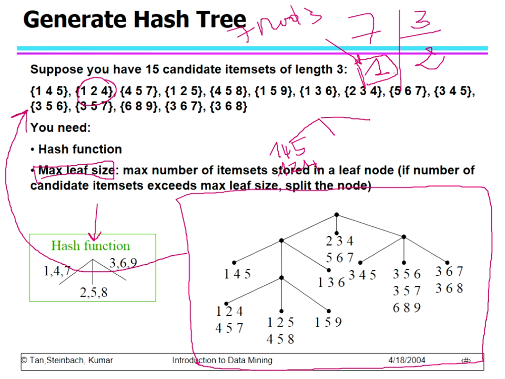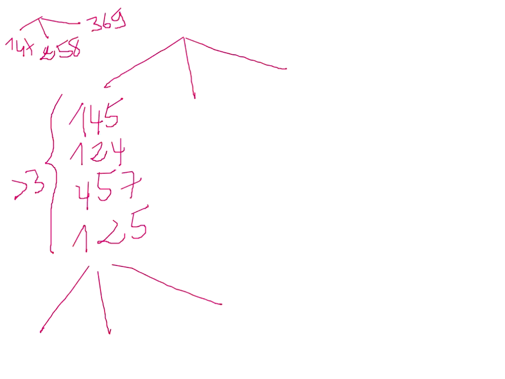I will obtain 1, 4, 5 here; 1, 2, 4 here, because this is 2; 4, 5, 7 here, the second part; and 1, 2, 5 here.